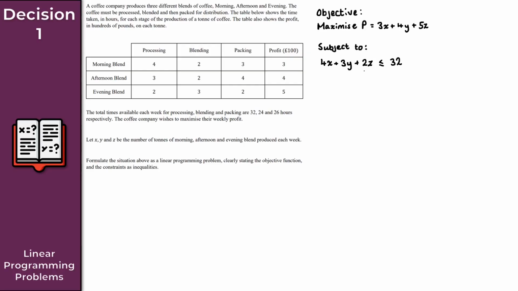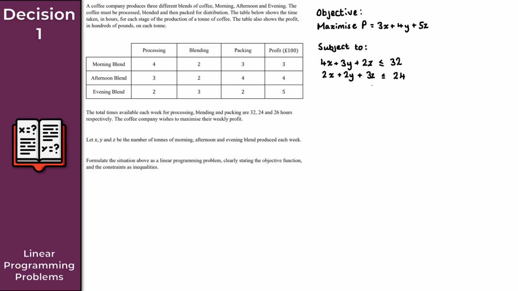Perfect. For the next one, this would be for blending. I'm going to get 2x plus 2y plus 3z. And again, this must be less than or equal to the time constraint here, 24 hours. Perfect.